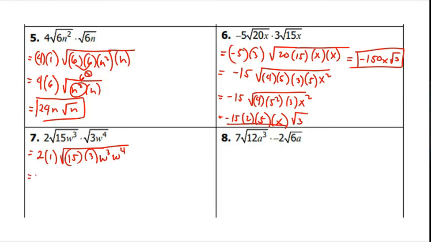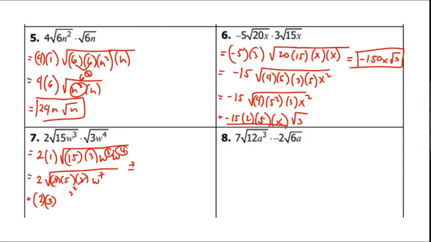We will have 2 square root of 15, which is 3 times 5, and for w you just add the two exponents, so w raised to 7, since 3 plus 4 is 7. You will have 2, and 3 times 3 is 3 squared or 9. The square root of 9 is 3, so that is 2 times 3 outside.